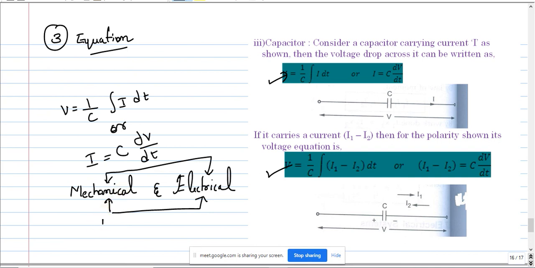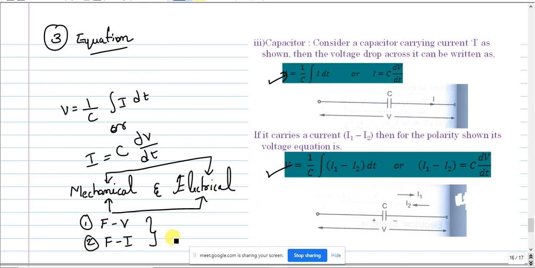One comparison I will just show you, force voltage. This is the first comparison, and the second comparison will be the force current analogy. We will discuss one by one. What is the force voltage analogy and force current analogy? Meaning a representation of a mechanical system in terms of voltage equations and a representation of a mechanical system in terms of current equations. So how to do that? We call it the direct as well as the indirect method.